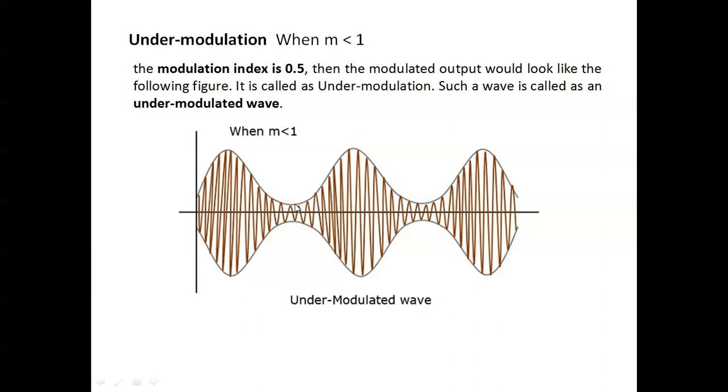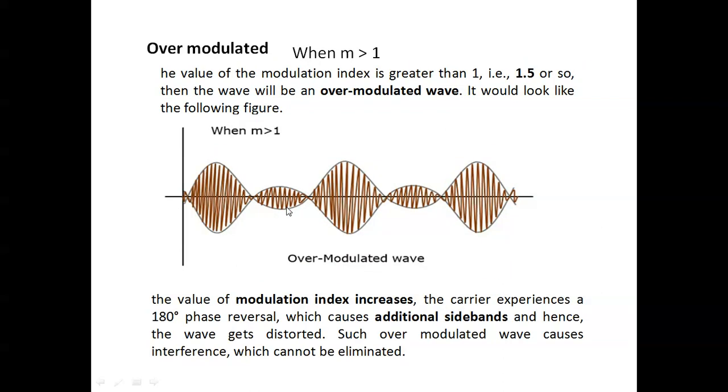That is perfect modulation, but it is not possible to get perfect modulation practically. Theoretically we can say so, but practically it is not possible because some variation might be there in the waveform. With modulation index 0.5, the modulation is less than 1 and the waveform is like that. Some gap might be there. This is called under modulation.